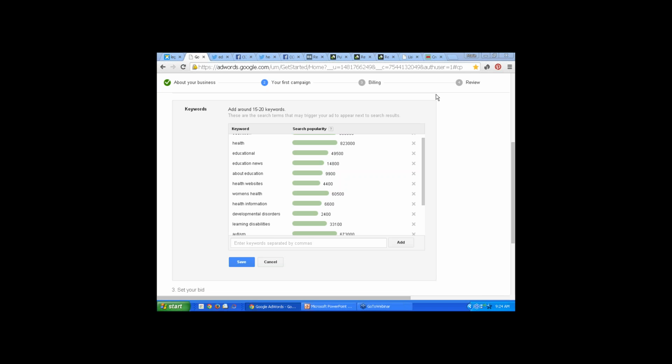But we can also look at the health side and say, okay, well, we have health with almost 1 million searches per month. Then we have health websites, which is pretty narrow, maybe too narrow. Women's health, which is interesting but not really our topic. Health information, which is pretty narrow. So we look at that versus special education, and special education tends to have a broader audience.